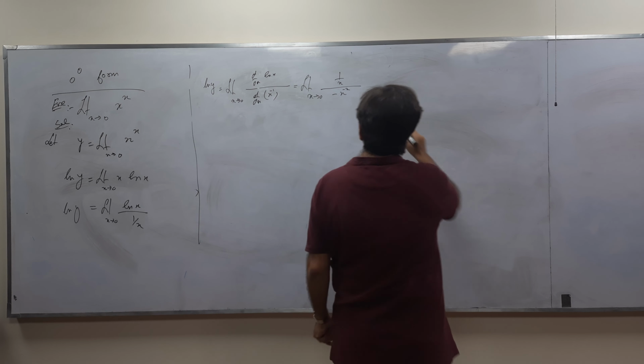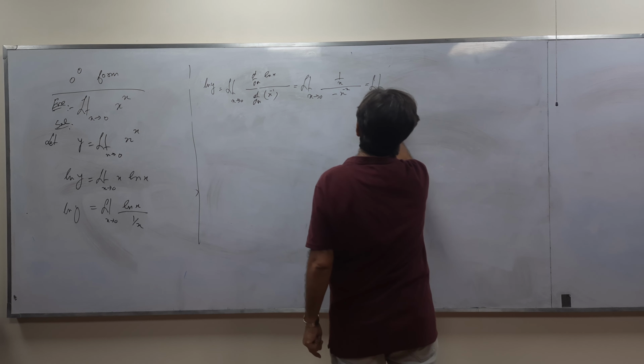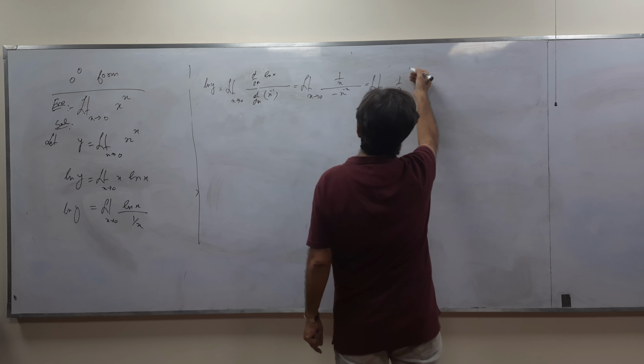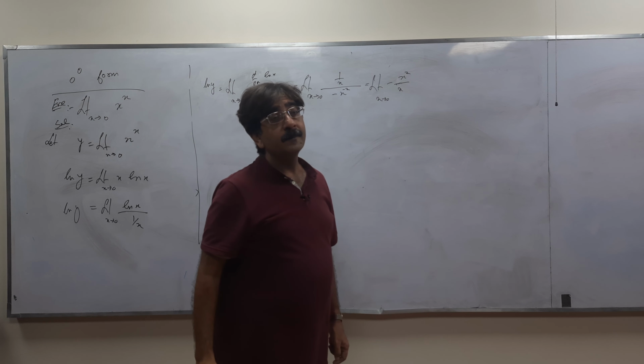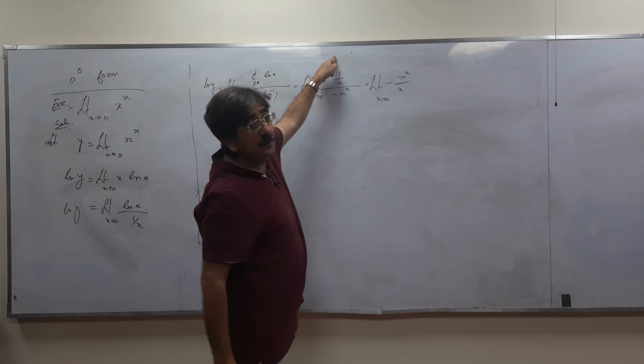So this may be written as the limit as x approaches 0 of 1 by x over minus 1 by x square.